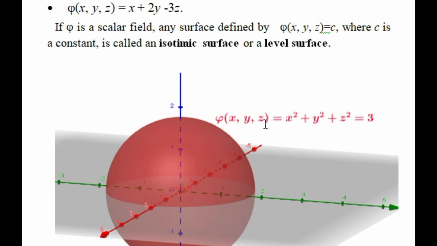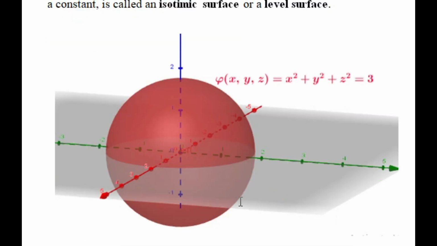Here, if we put x square plus y square plus z square equal to 3, where 3 is the constant, then it becomes a sphere in three-dimensional space centered at the origin and having radius square root of 3. Yes?